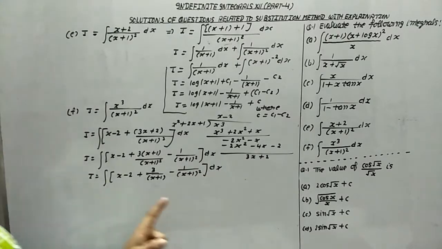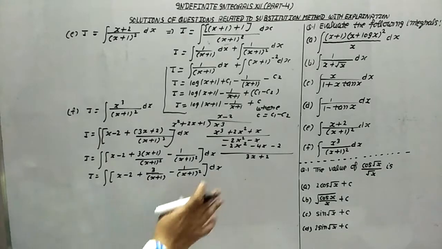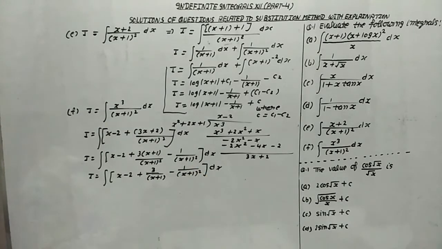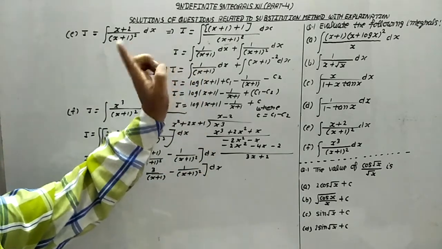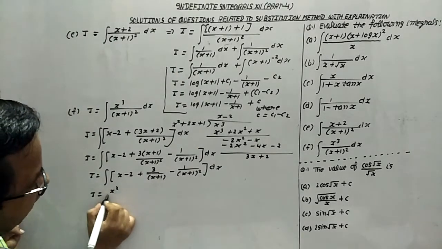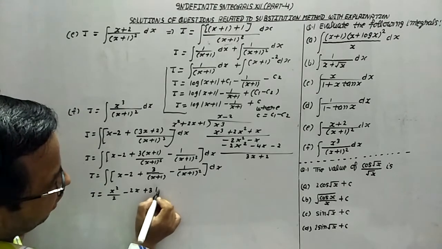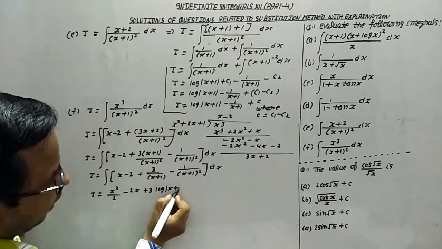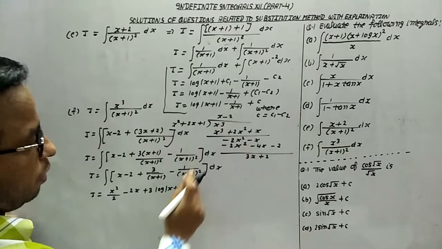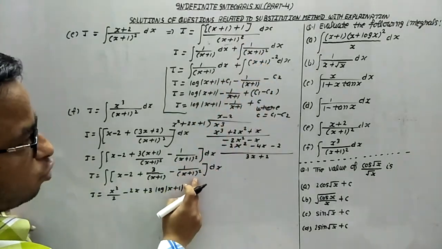Now because there are so many terms, you can do it in a short way, because otherwise it becomes very lengthy, c1, c2, c3, c4. So wherever two terms are coming, make them separate. Now do the integration: x square by 2 minus 2x, then the integration of 3 upon x plus 1 is 3 log of x plus 1, and we did in the last part the integration of (x plus 1) raised to the power minus 2.